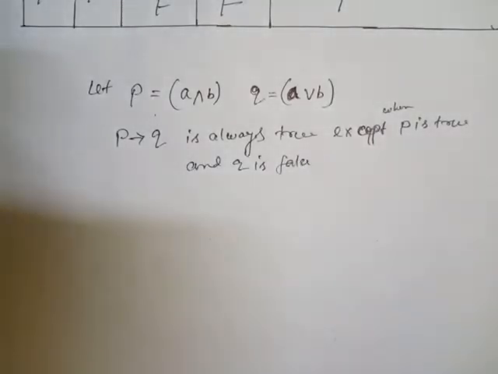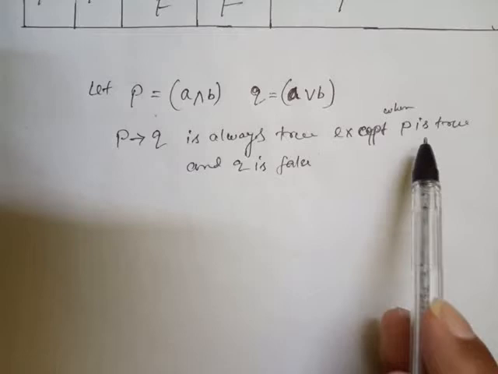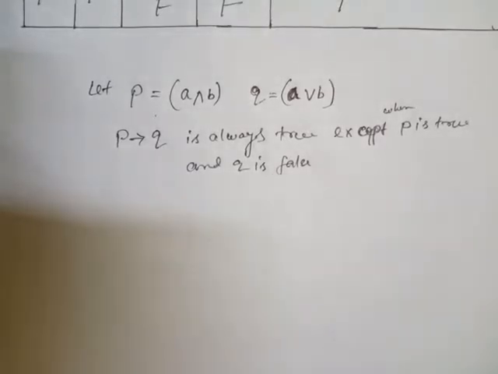In case of P implication Q, all the elements are true except when P is true and Q is false, then it is false. In every other case this implication is true.